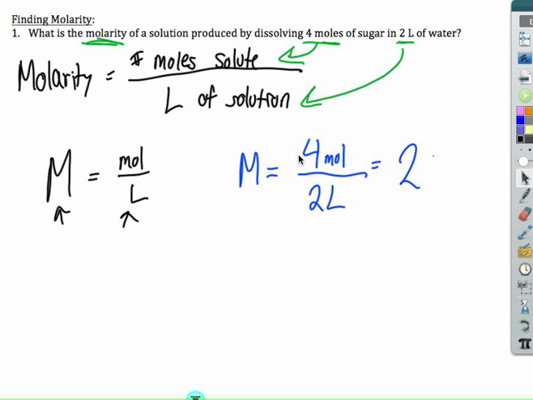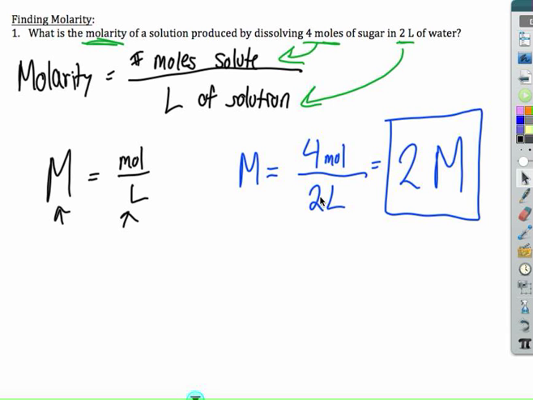And you get 2 moles per liter, which we write as a capital M. That is a 2 molar solution. For every 1 liter you have 2 moles of solute.